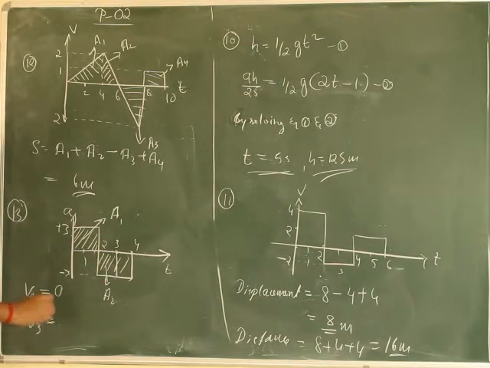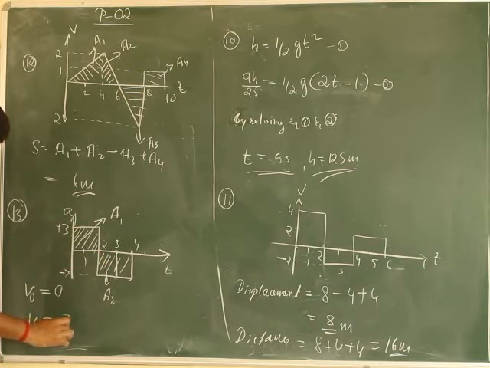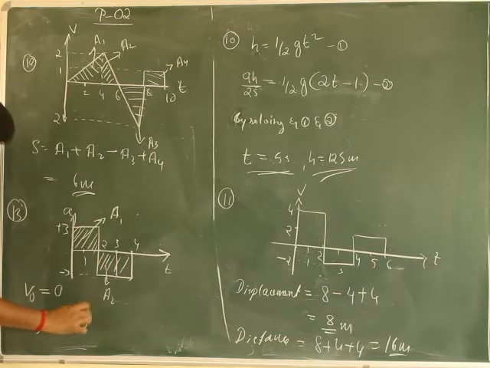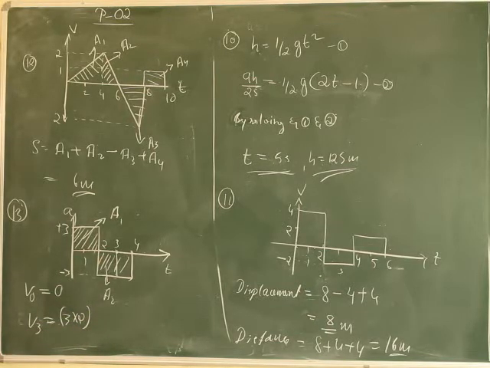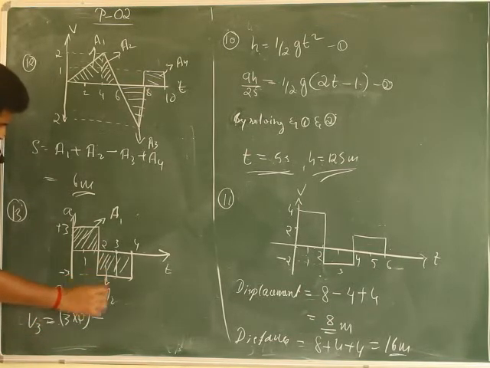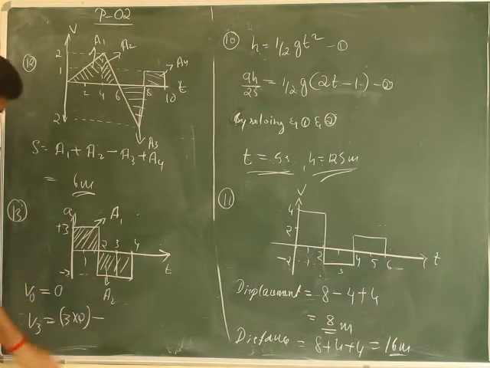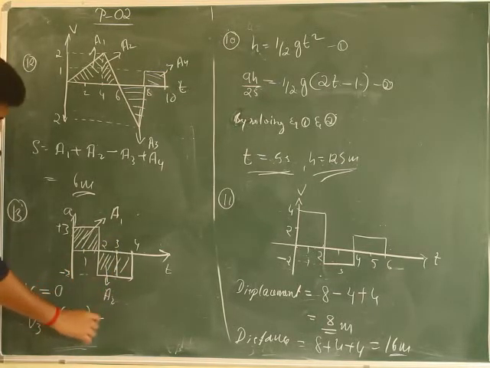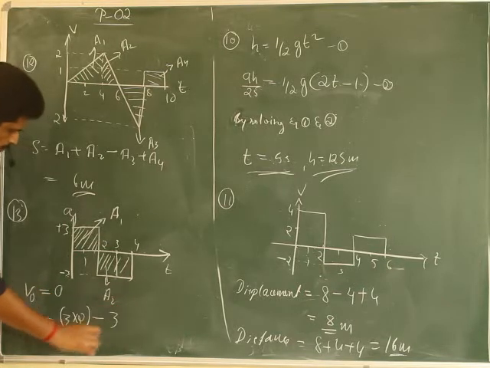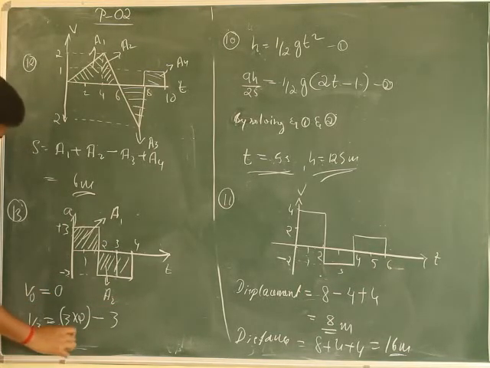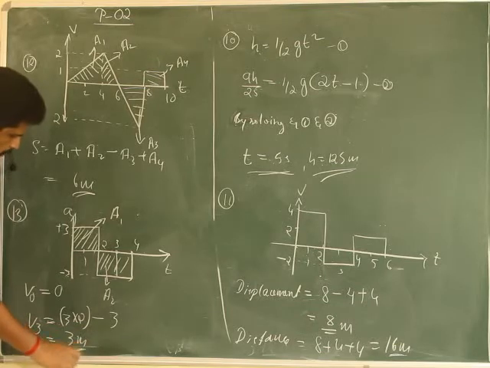Next, 3 and here 2. That means 3 into 2 is a rectangle, almost a square. Minus this one, 1 into minus 3. Of course you have to add. So finally it becomes minus 3, so 3 meter.